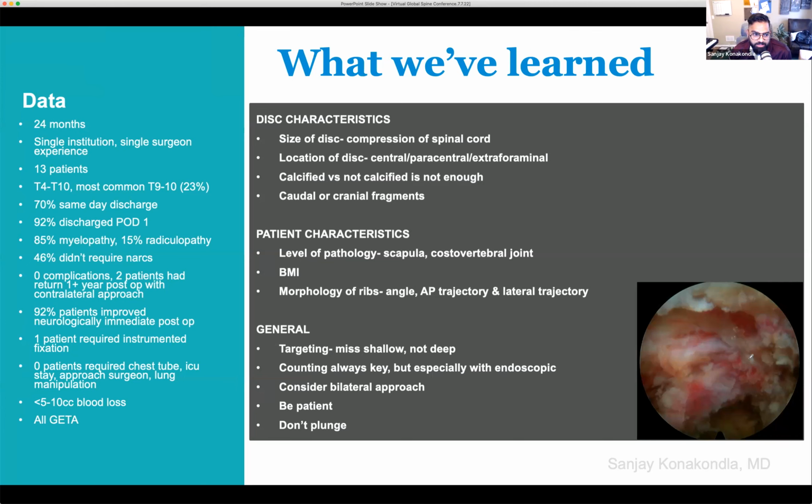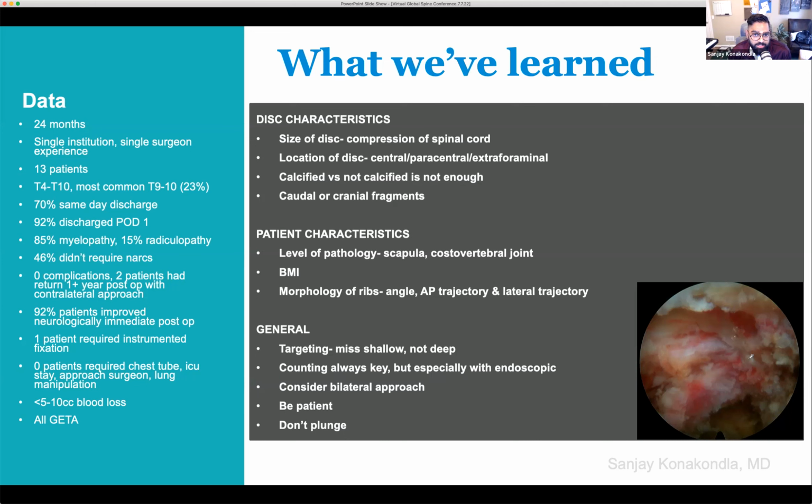Patient characteristics, BMI is important, but level of pathology. If we're dealing with high thoracic spine pathologies, do we have to consider the scapula? Costovertebral joints are important as we go up to mid thoracic and higher thoracic spine areas, because the rib can get in the way of your transforaminal approach and the disc space.